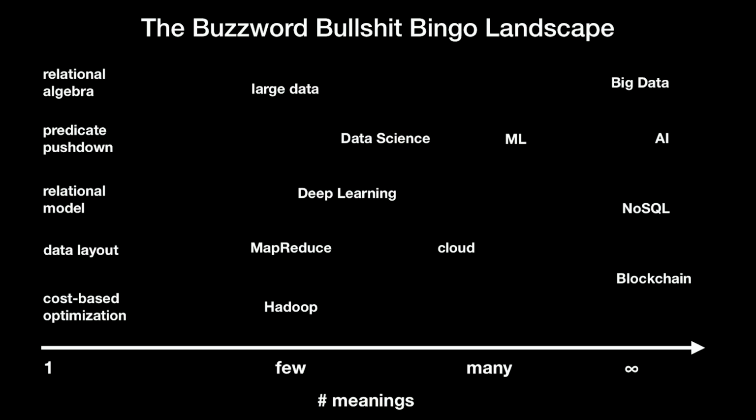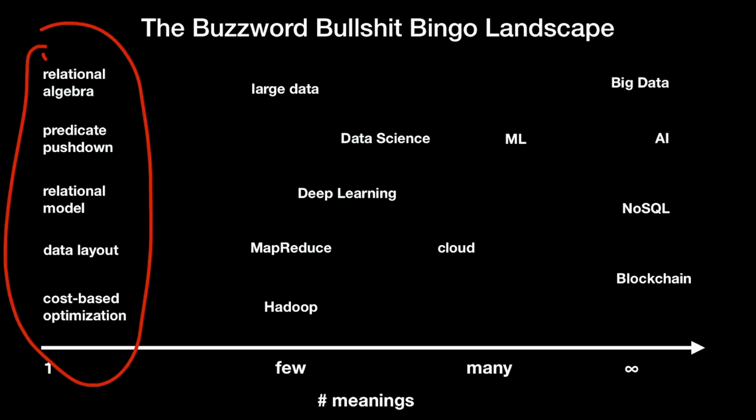What I'm depicting here on the x-axis is the number of interpretations, the number of meanings for a specific term. Here on the left is stuff we learned about in this class, and all of them are well defined. If you learned about them in this class, you know what they mean. The further you go out to the right, the less clear it becomes what it means.